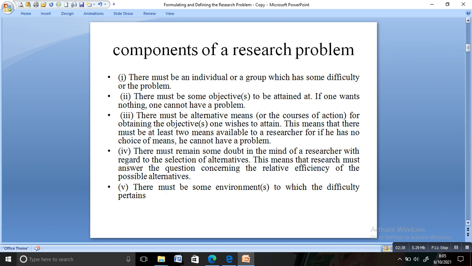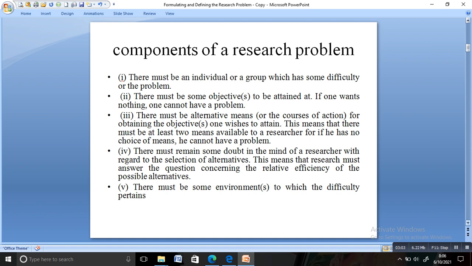Then there should be some alternate means for finding out the objectives. For obtaining the objective there should be some alternate means to solve the problem.